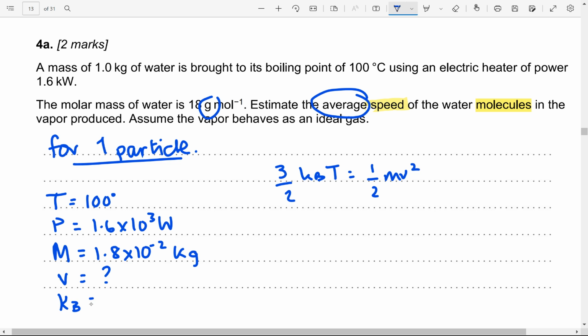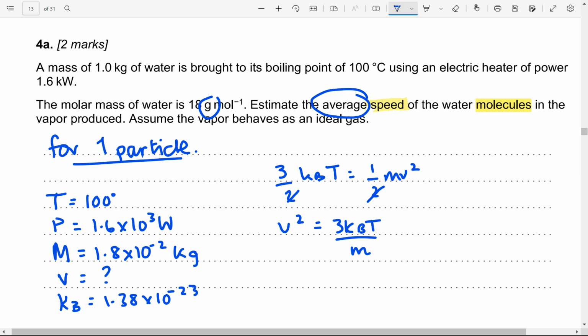So kB is a constant, Boltzmann's constant, and that's 1.38 times 10 to the minus 23. And so now we have almost all the symbols that we need. So we're going to cross out the 2's, and I'm going to rearrange for V. So V squared equals 3 kBT, with T in Kelvin, divided by the mass of one particle.